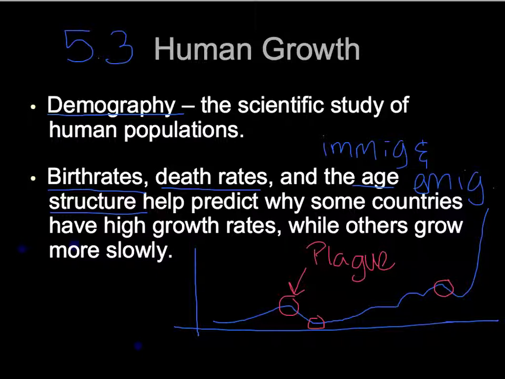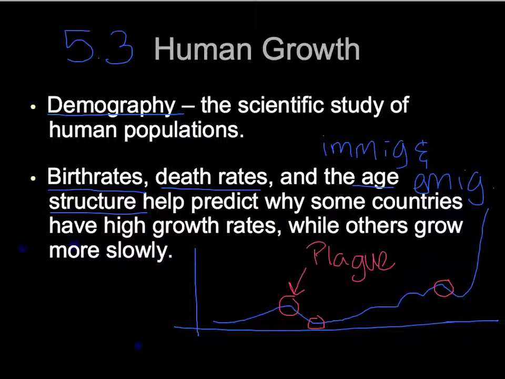But due to technology and increases in human knowledge and medicine, some of those things that were density dependent before, we've been able to combat, and they are not as density dependent now, per se.